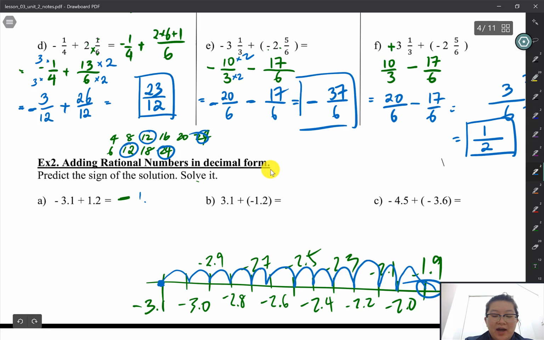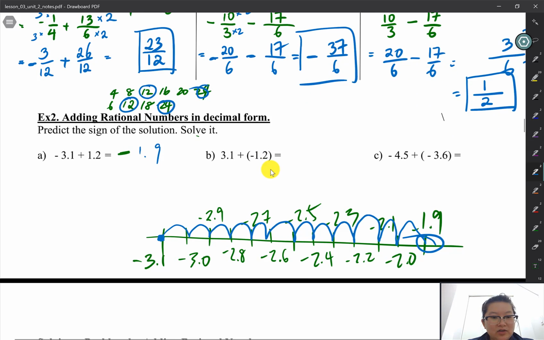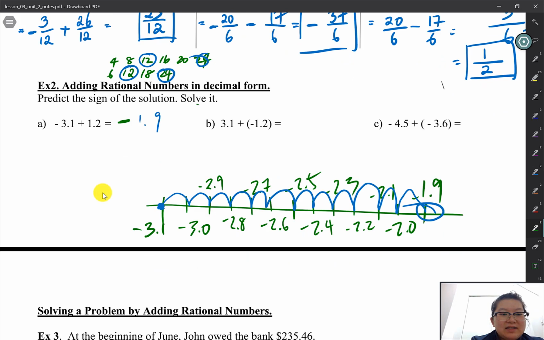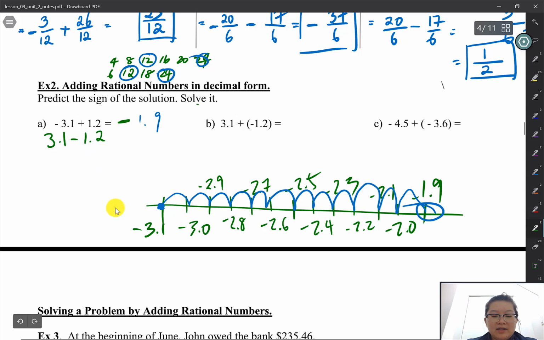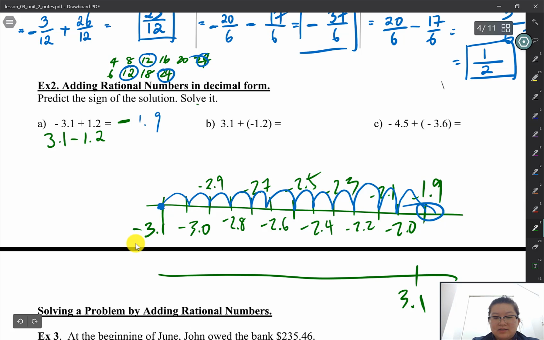So that is if you absolutely need your number line to solve this one, but I think of it this way. This is my little trick. I think of it as 3.1 minus 1.2, which is exactly the opposite of what the question is telling me. If I mirror this on the positive side, and I have to subtract 1.2, I'm going backwards.